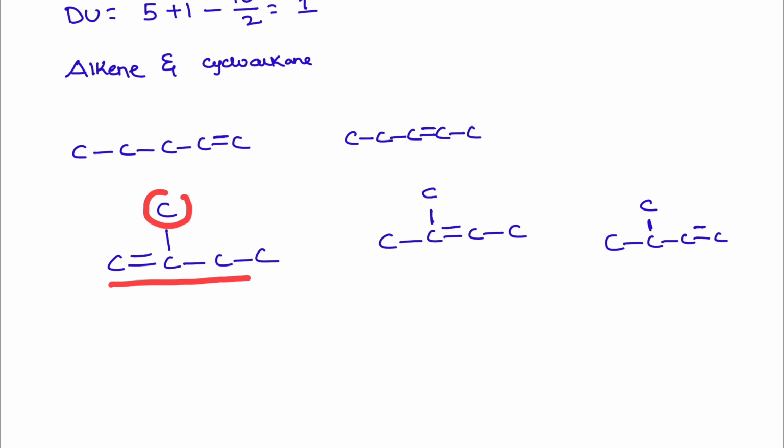Methyl is at the second place. So the position of the double bond is different. And here this is 1, 2, 3. So here the methyl group position we changed. So these two are not identical. That's what I am trying to convey. Even if you shift this methyl group here, this and that will be the same. So there are no other possibilities in 4 carbon chain structures.